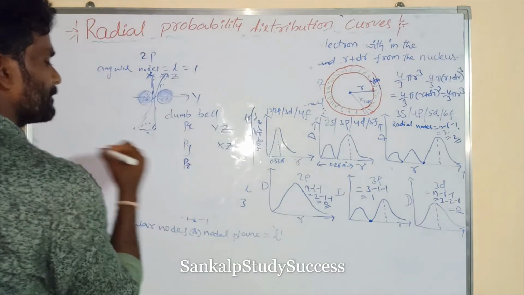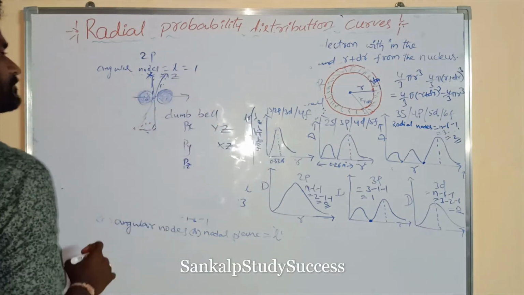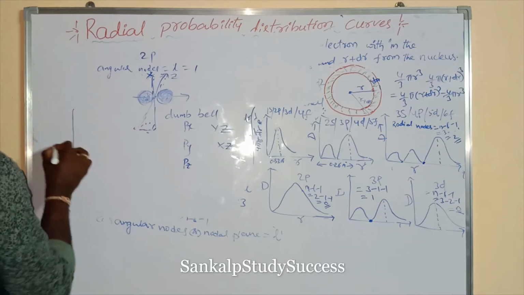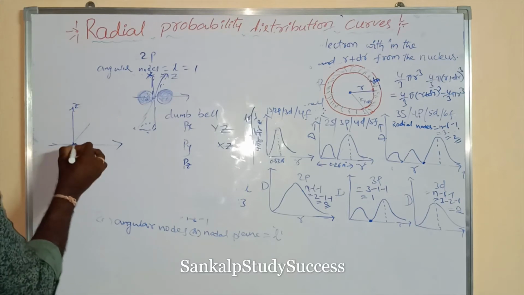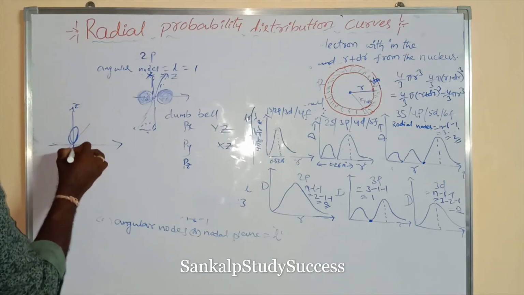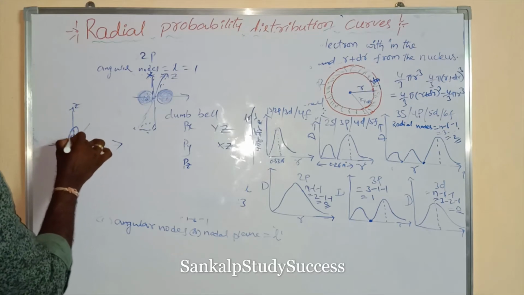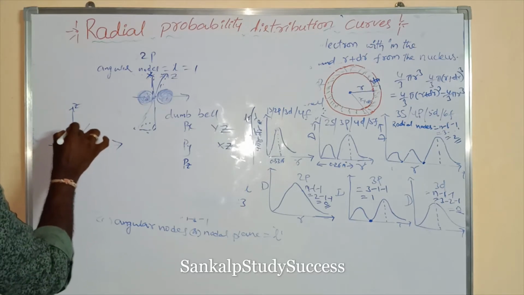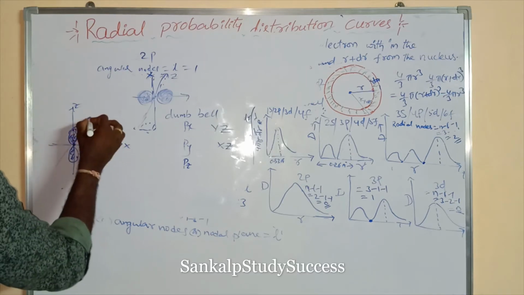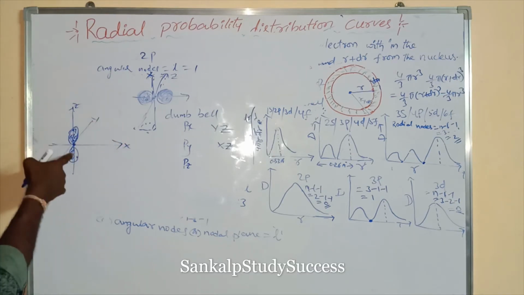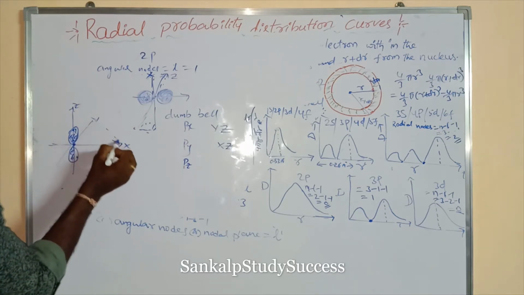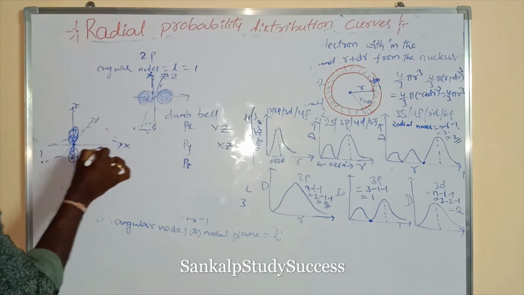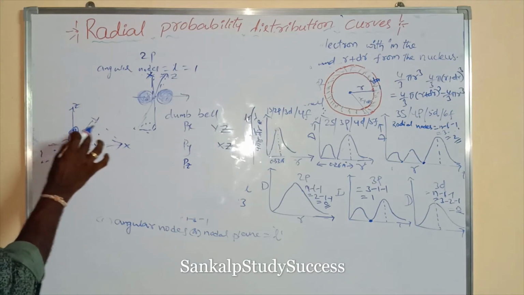For pz orbital, this is the z axis. Here the probability of finding electron around the nucleus is in two lobes on the z axis, but in the xy plane, an imaginary plane, the probability of finding electron is taken as 0.